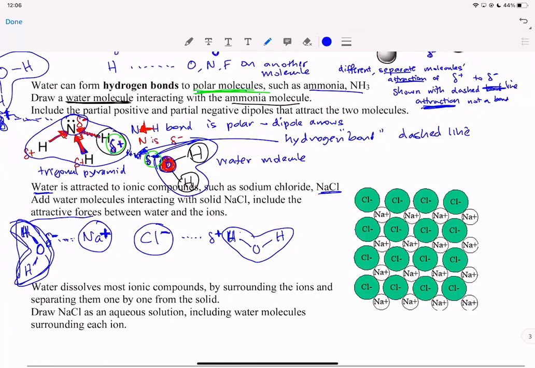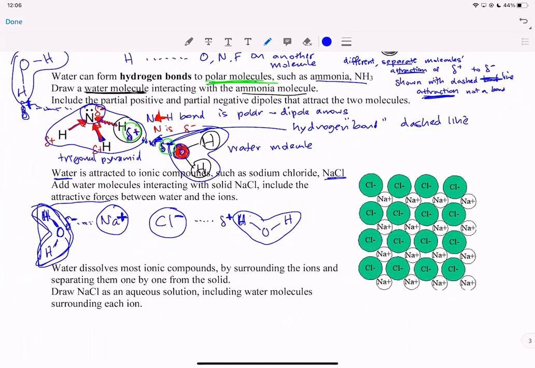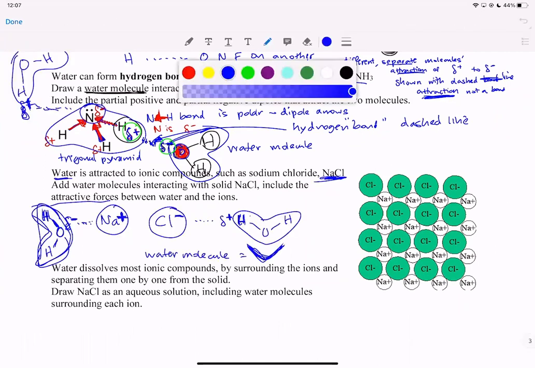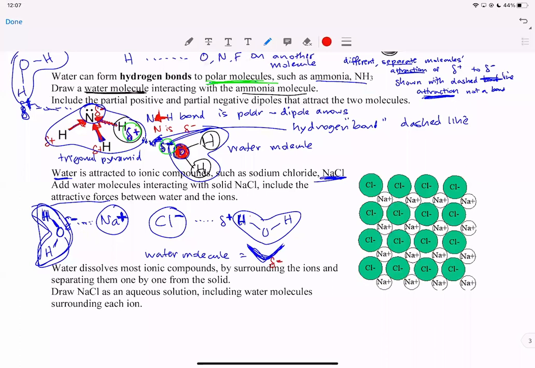Okay. And so what that means is when you have a whole bunch of positives and negatives in this NaCl, sodium chloride, that's the greens and the whites, how are we going to align all of those water molecules? So the water molecule overall is going to be that V shape. So that V shape, just drawing it as a V without the atoms in there. Remember that in that V shape, you have the partial negative at the pointed end, and the partial positives at the open end. Okay.